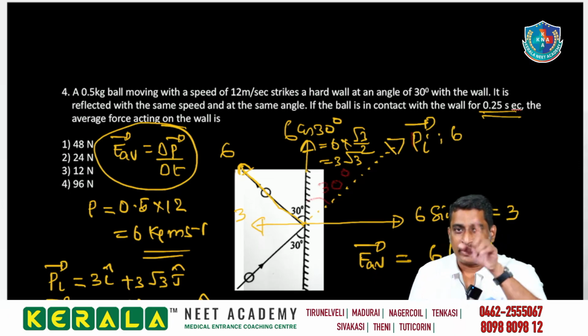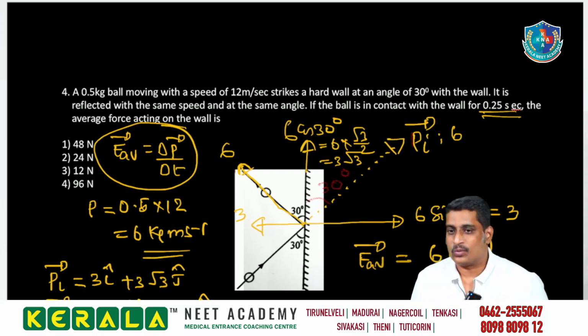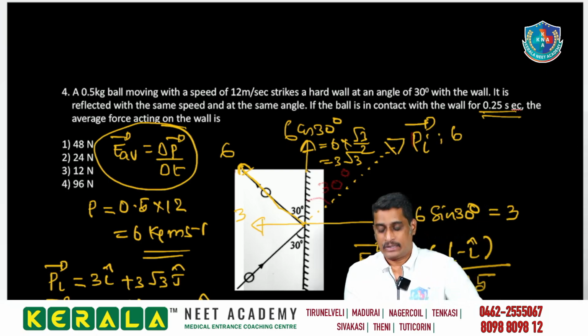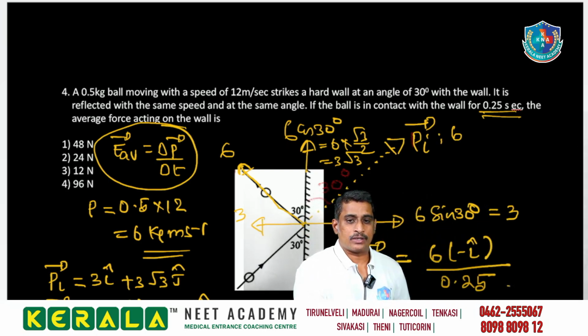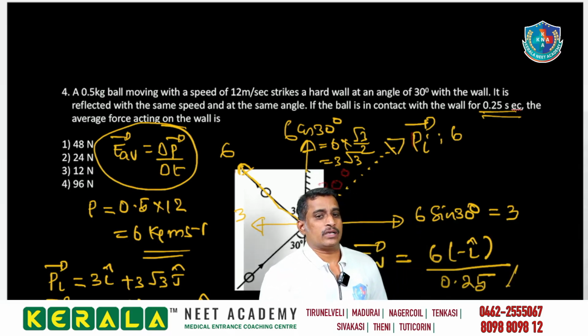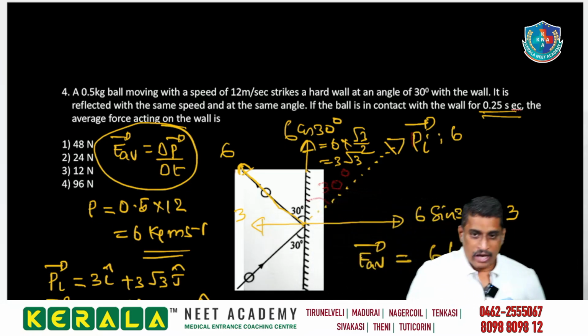The components along y direction will be cancelled. Divided by the time interval, which here is given as 0.25 seconds.